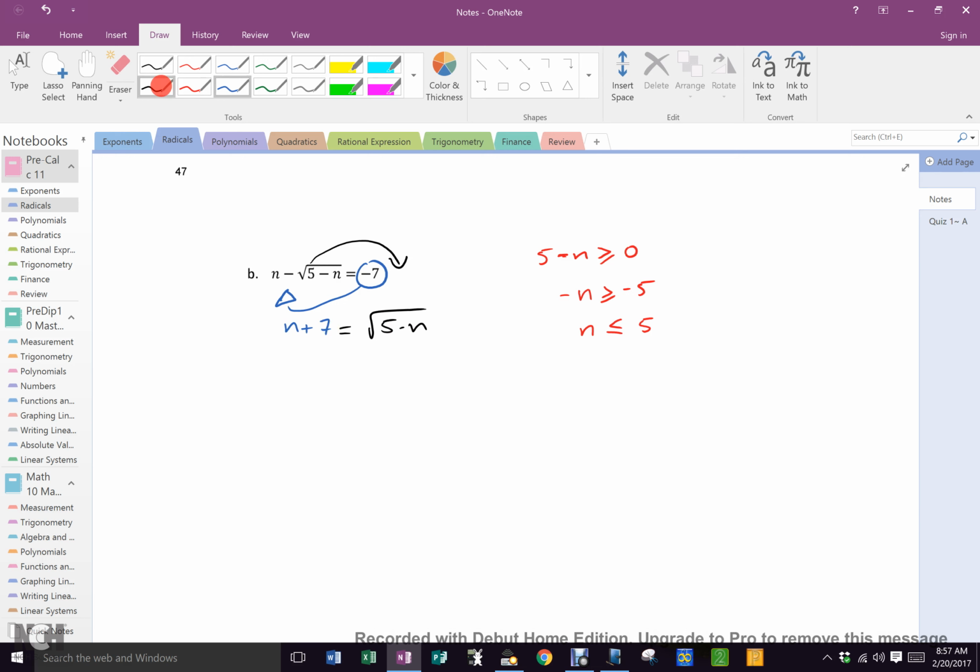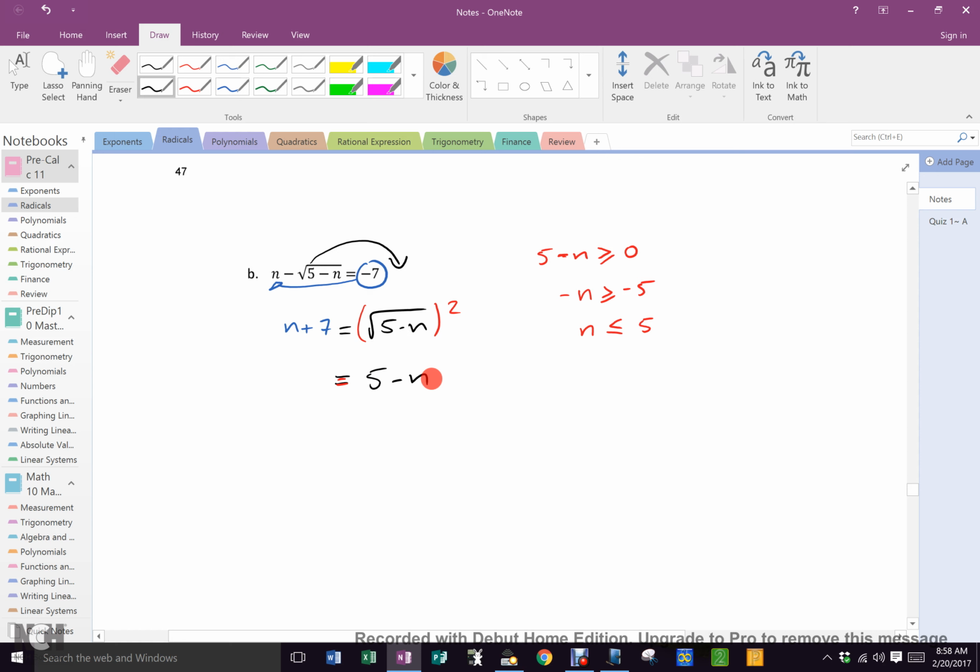What do we want to get rid of? The radical. How do I do that? Square it. So what am I going to have on the right? 5 minus n. Done. Because the squaring just gets rid of the radical.